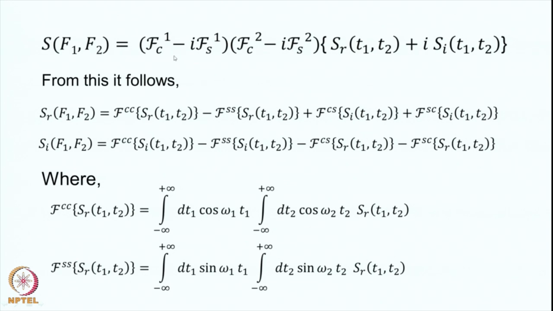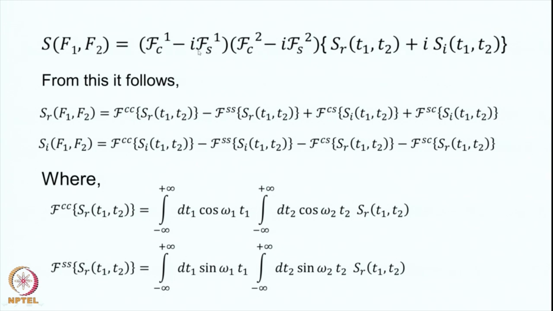Now, what you do is perform these operations explicitly and independently, all of them. So, you will have this Fc2 operating on this and on this, likewise Fs2 operating on this and on this. Similarly, after that you get this Fc1 operating on the result of those two and likewise Fs1 operating on the results of those two.